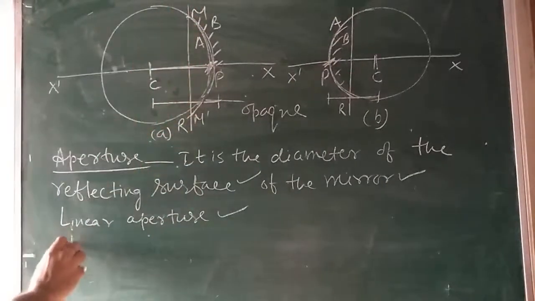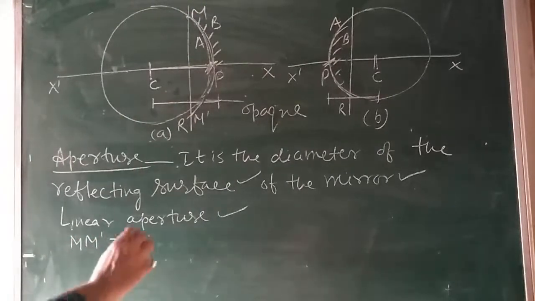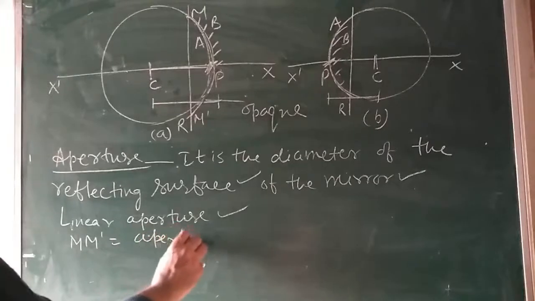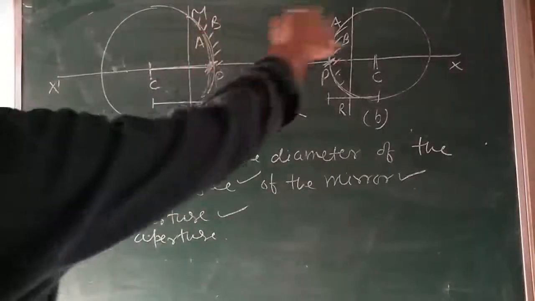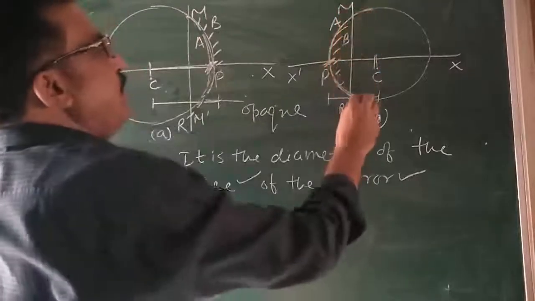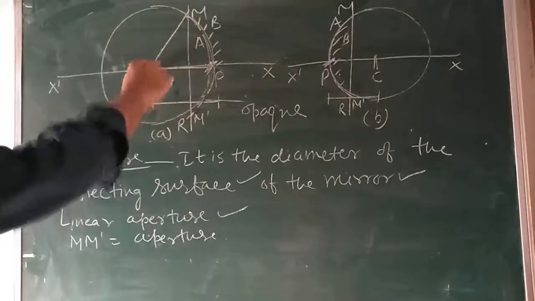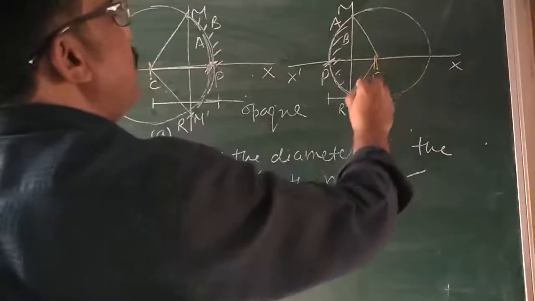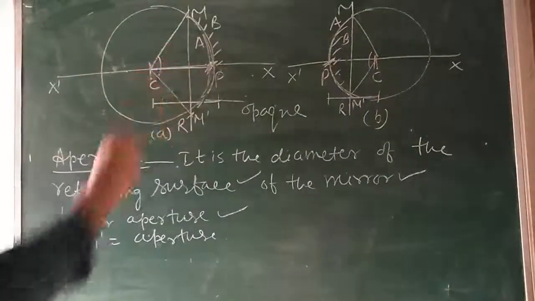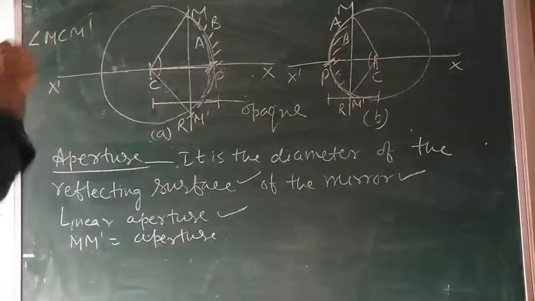Here MM dash represents the aperture of a concave mirror and a convex mirror. This we can see here, here is M, here is M dash. Angle MCM dash here, you are seeing the angle MCM dash in both the figures.